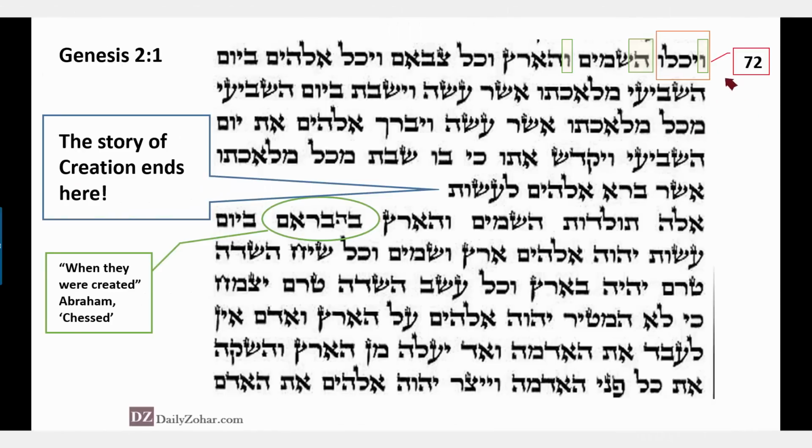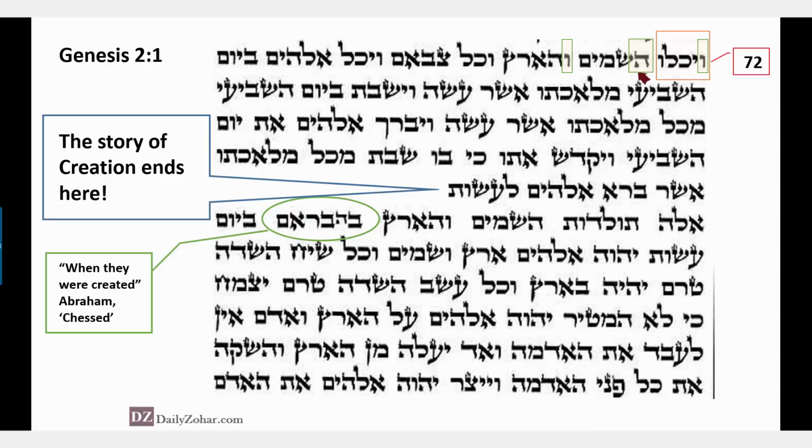Okay, this is copied from the Torah scroll, and we see this paragraph from Genesis 2, verse 1. This paragraph describes the completion of creation. Vaychulu hashamayim ve'aretz. And in the word la'asot, to make, the story of creation ends here. This is the paragraph where it ends.